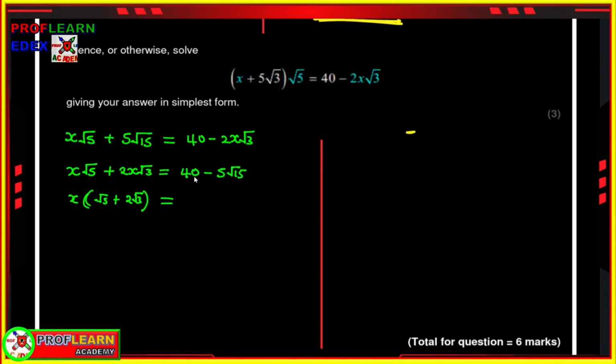If I factor out 5, I'll remain with 5 into (8 minus root 15). I can divide both sides by root 5 plus 2 root 3.